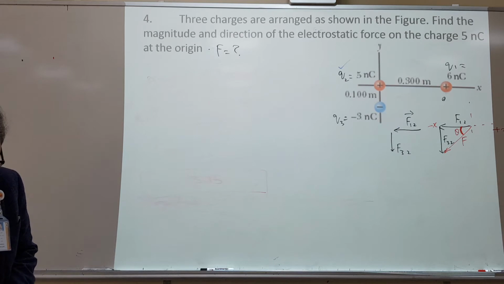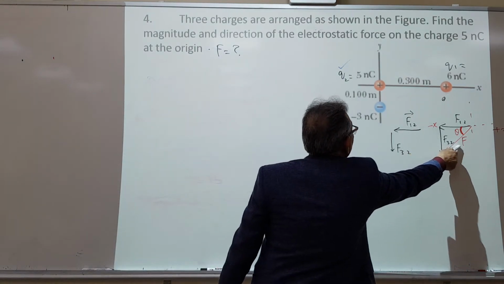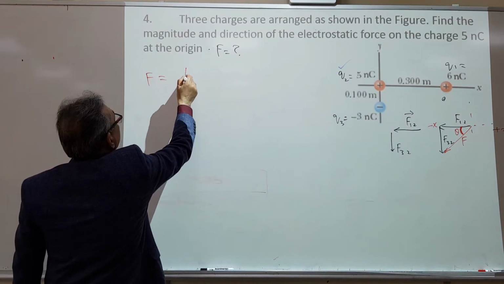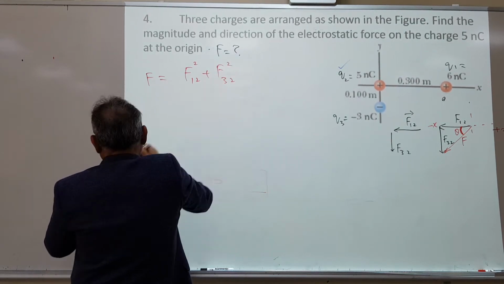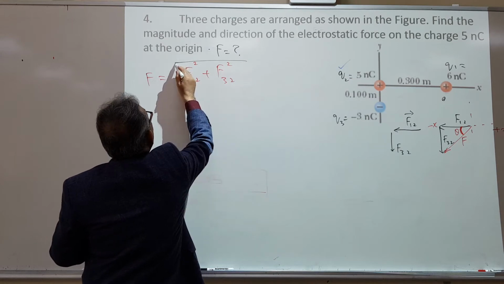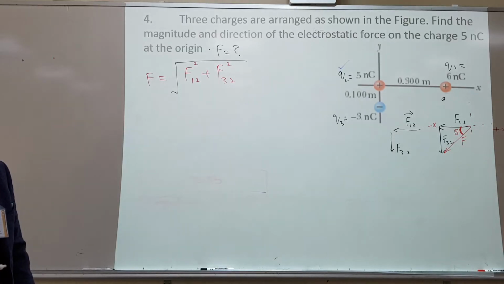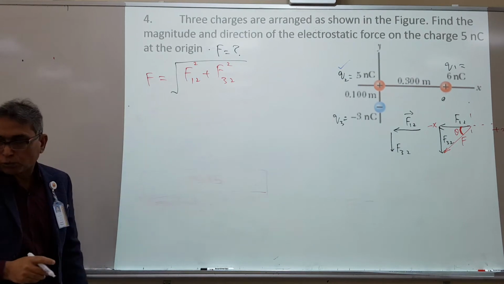Now we have to calculate the magnitude. By Pythagoras theorem, magnitude will be equal to the square root of F12 squared plus F32 squared. So first you have to find F12 by Coulomb's law, and similarly F32. So let's calculate those forces first.